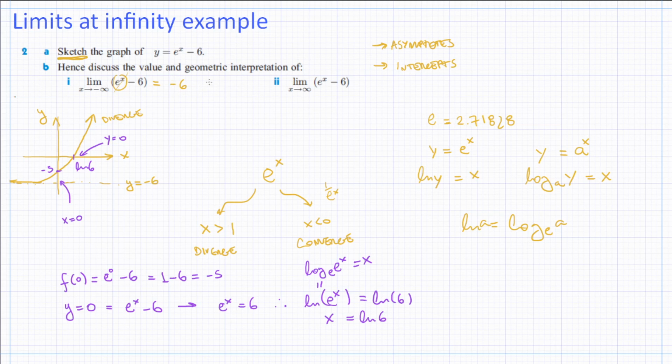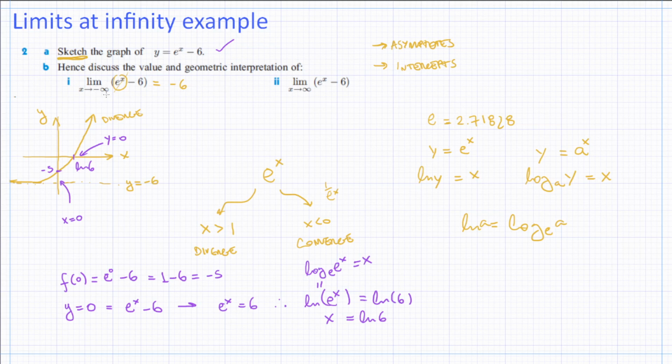Okay, so we have sketched our function. This would be our sketch, and that's good enough. We've put our asymptote, we've put our intercepts, and now let's look for letter B. Discuss the value and geometric interpretation of those two limits.